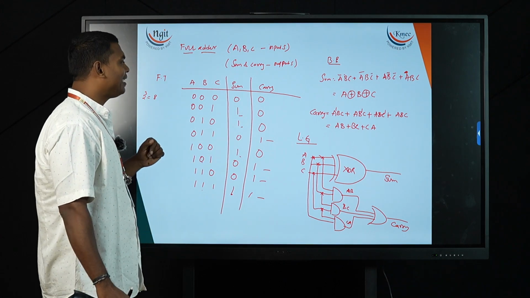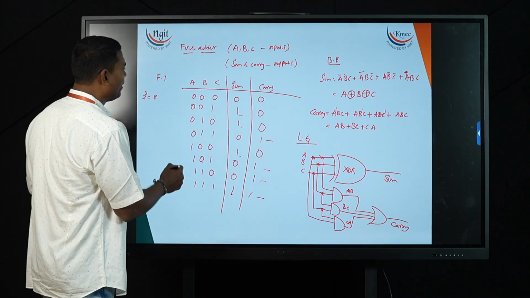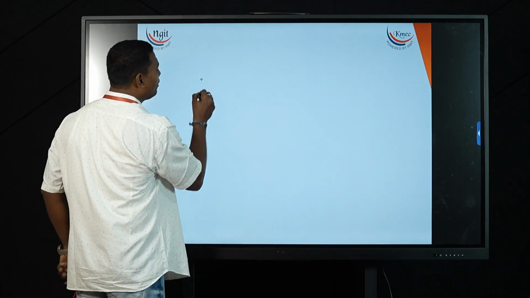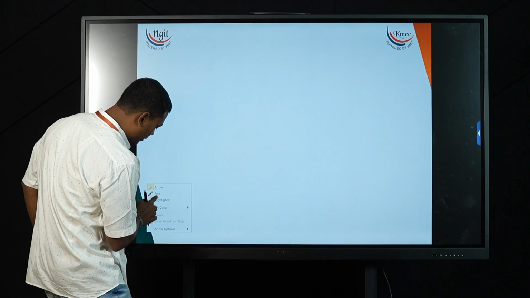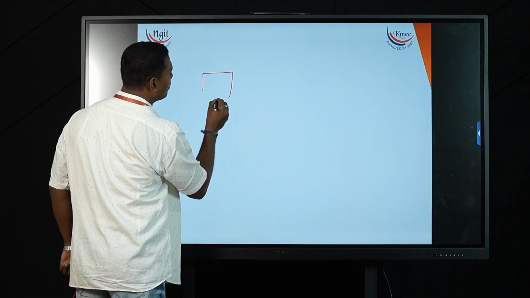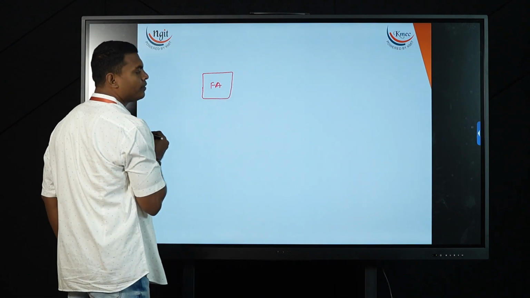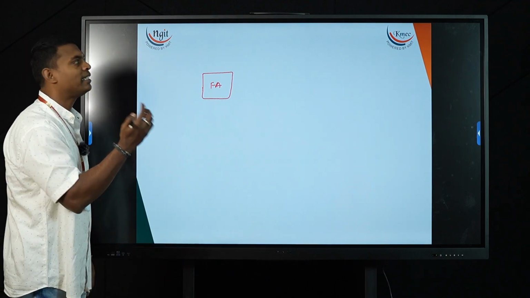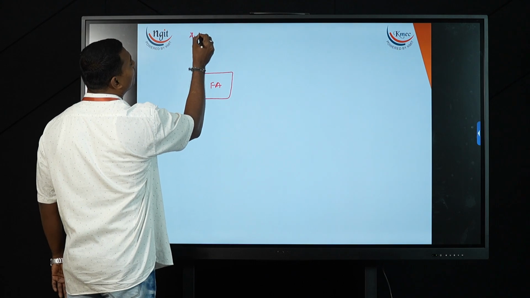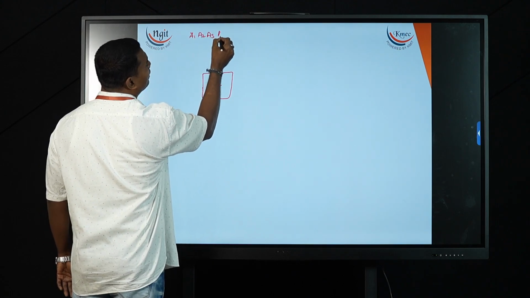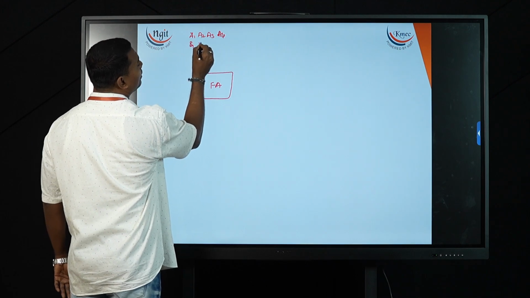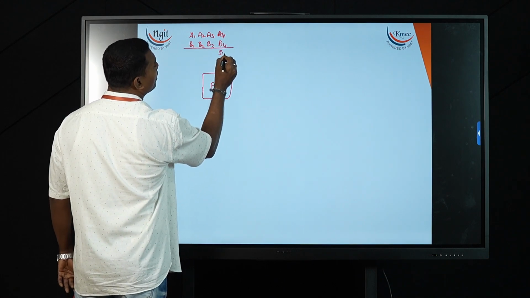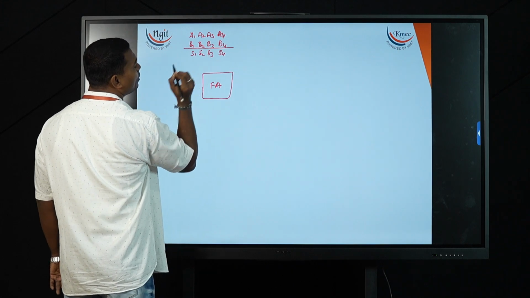If you observe clearly, whenever I am having full adders in a cascaded structure, for example if a 4-bit number should be added with another 4-bit number, like A1, A2, A3, A4 added with B1, B2, B3, B4, it gives me S4, S3, S2, S1.